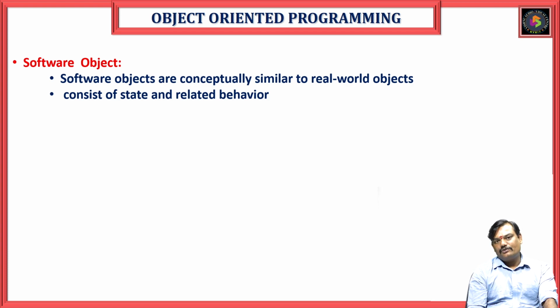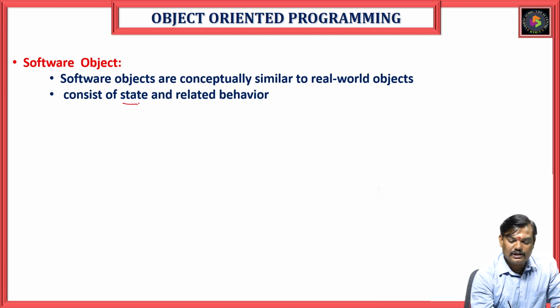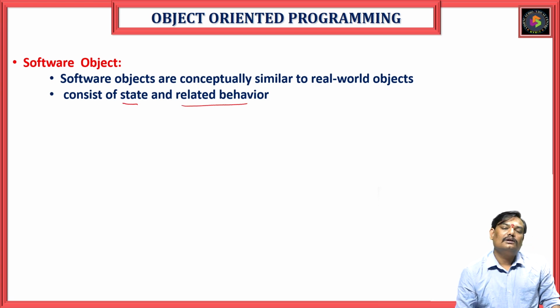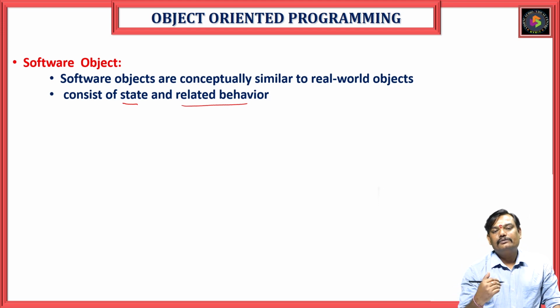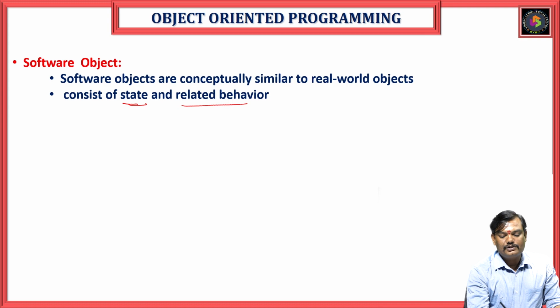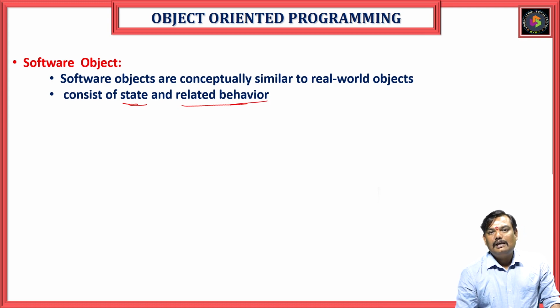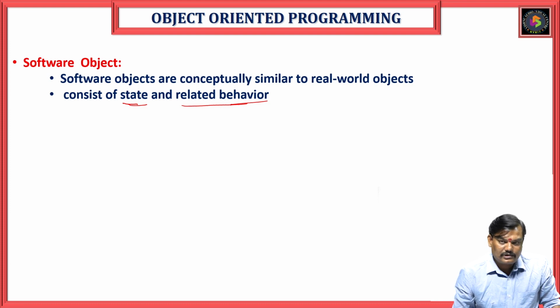An object consists of a state and behavior, so a software object also consists of state and related behavior. But when we use it as a software object, how are we going to describe the state and the behavior of an object? We will discuss that in this slide.